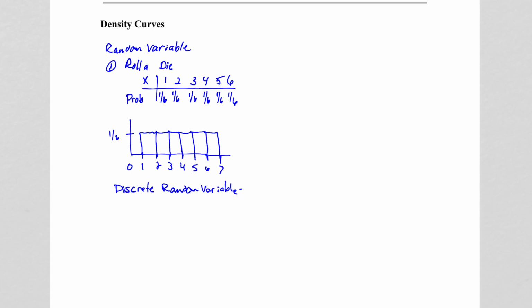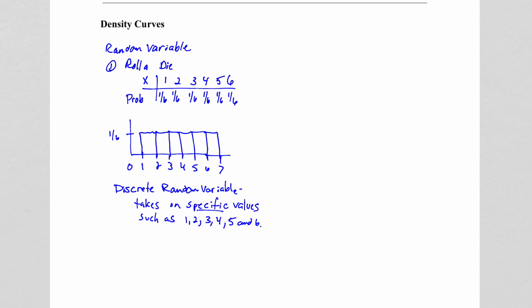A discrete random variable takes on specific values, such as 1, 2, 3, 4, 5, and 6.